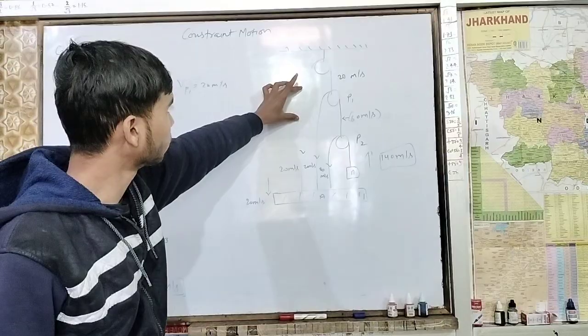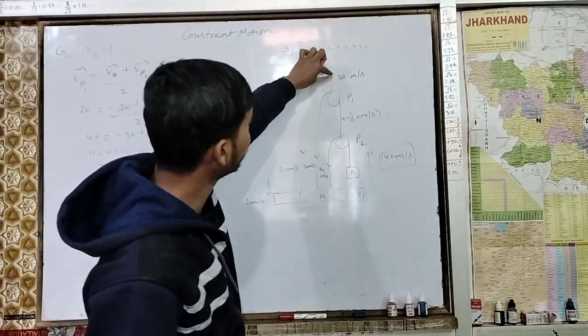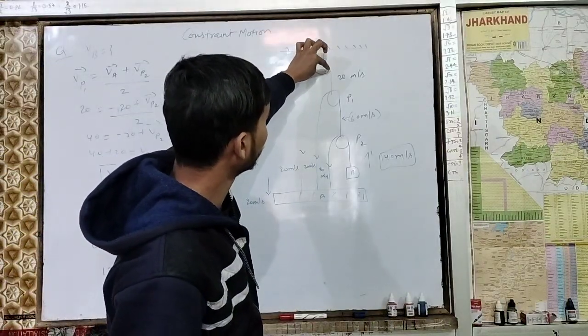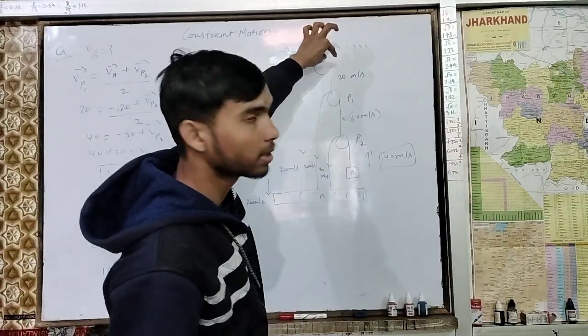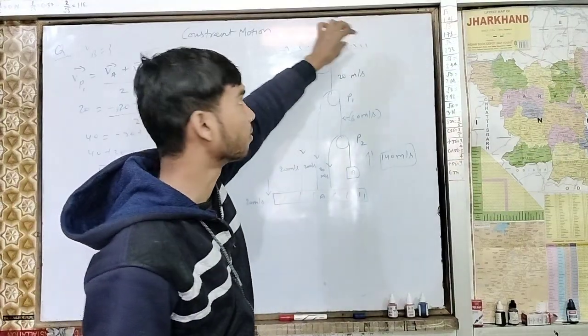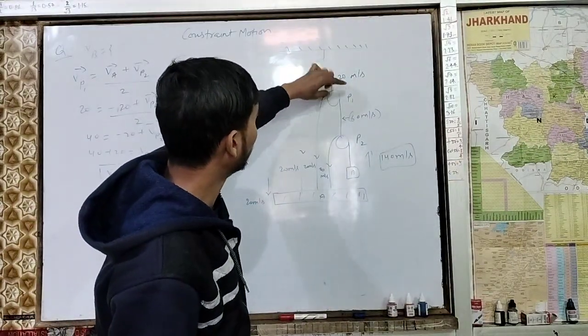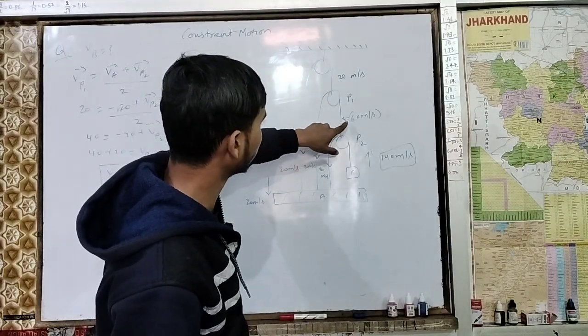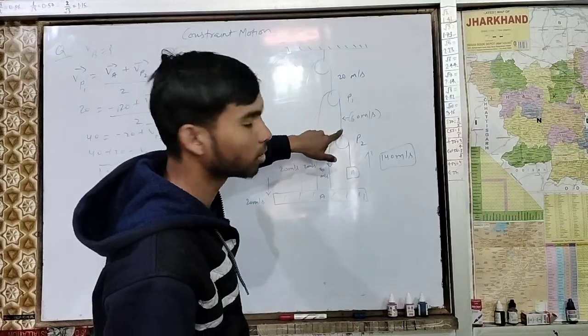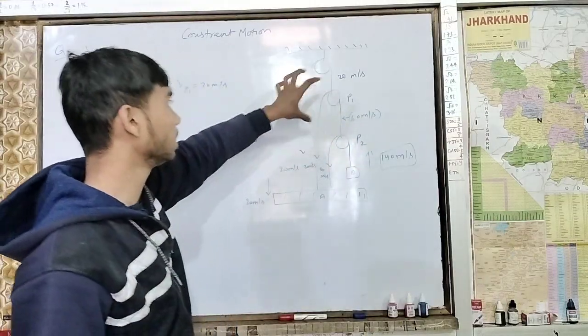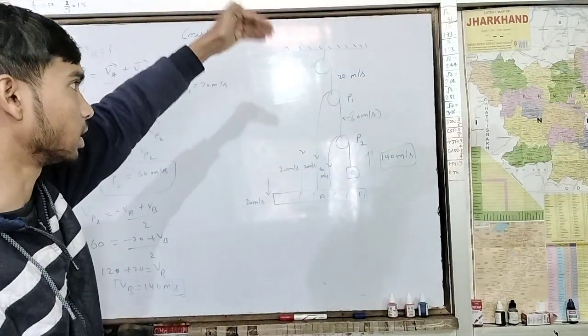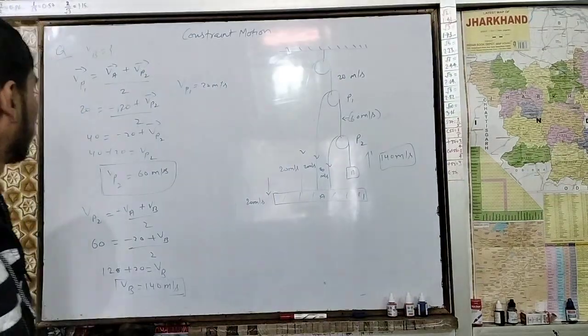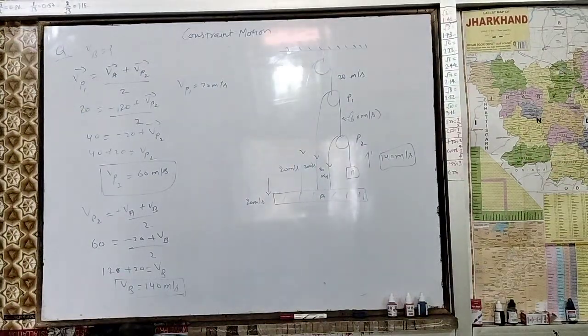Whatever will be the velocity of this string will also be for this string, because this pulley is in equilibrium, which is fixed. But you can't say that if this string is 20 meter per second, this string will also be 20 meter per second. No, here the pulley is changing its position. That's why both will not be equal.